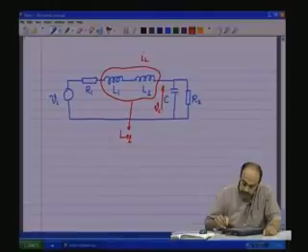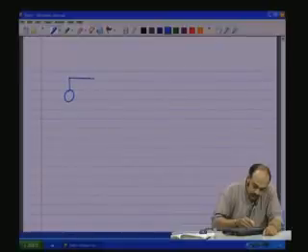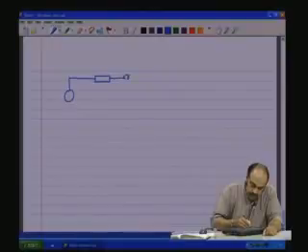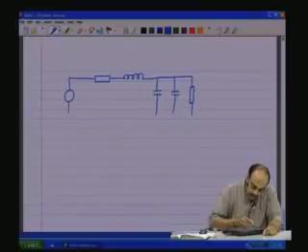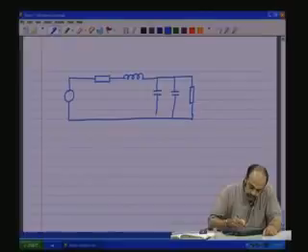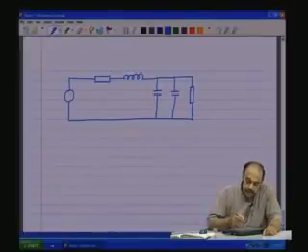The other problem could be something like this. I have an R, I have an L, I have a C, another C, and let us say a resistance. This also could lead to a conflict in making your decision of what should be the number of state variables.